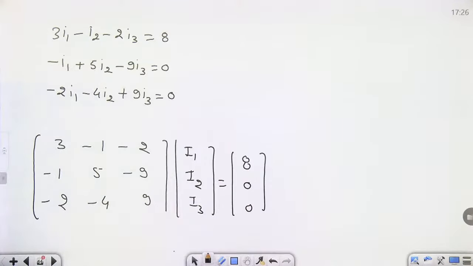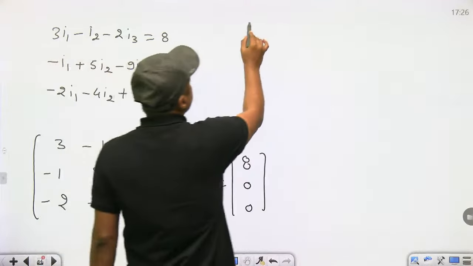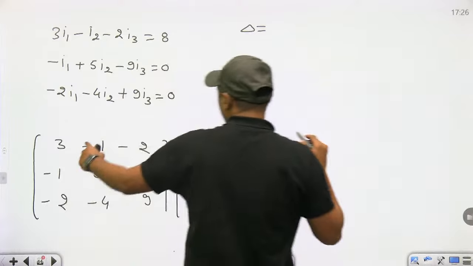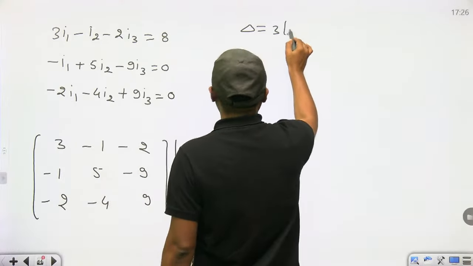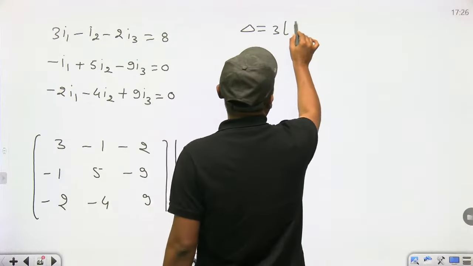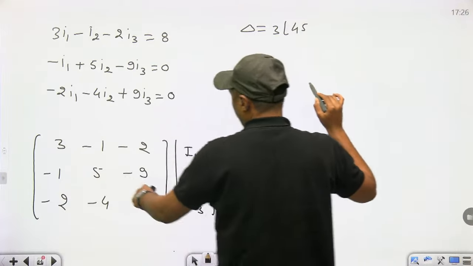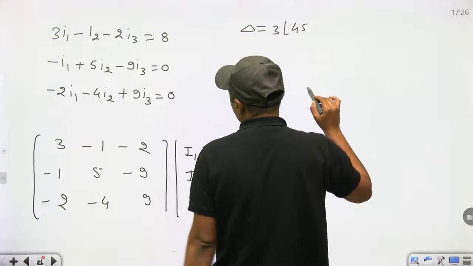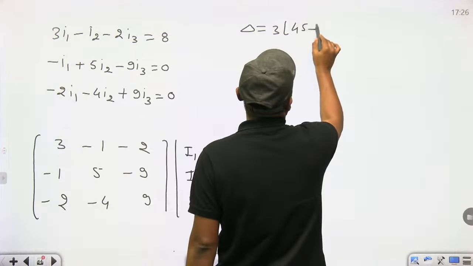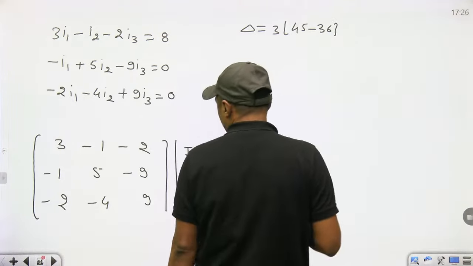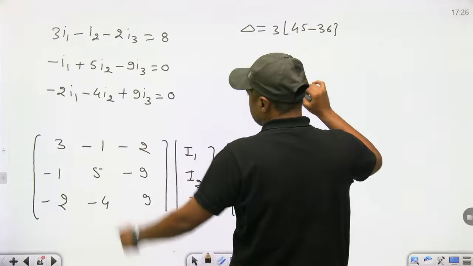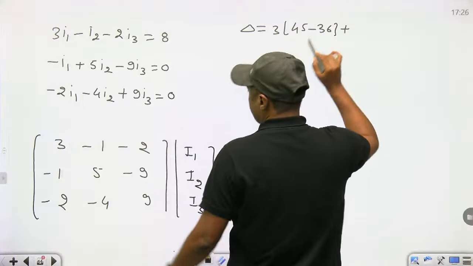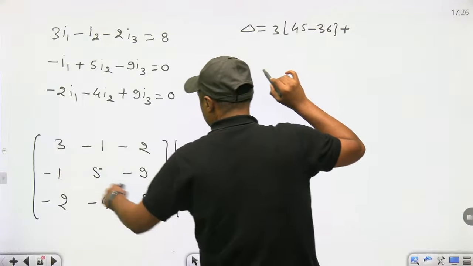Okay. Now because we have to find I3 only, what is the determinant of this? Determinant of this is 3 into 5 into 9, that is 45. 9 into 5, 45. And minus minus plus again will become 9 into 4, it is 36. Then minus minus will become plus, 1 into minus 9.